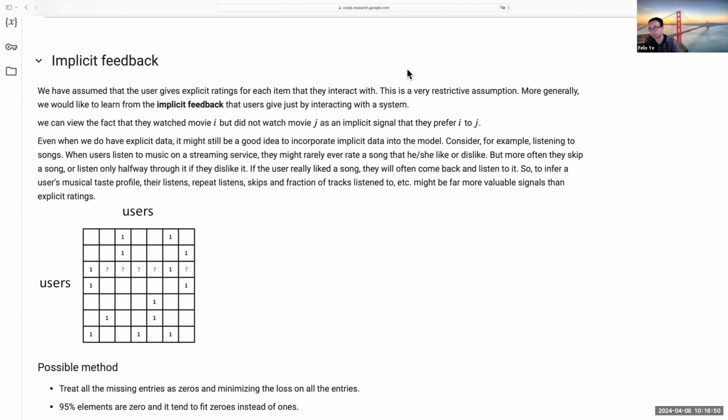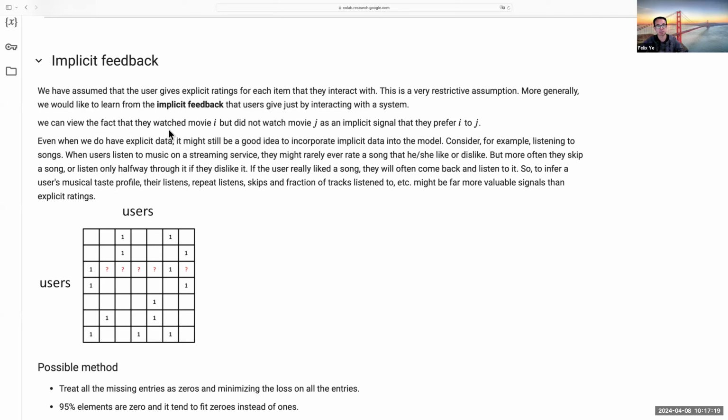For example, if you watch a movie or purchase an item, it doesn't necessarily mean you will rate every item or movie you interacted with. A more realistic version is to learn from the implicit feedback that the user gives just by interacting with the system. This is positive information that we already have.